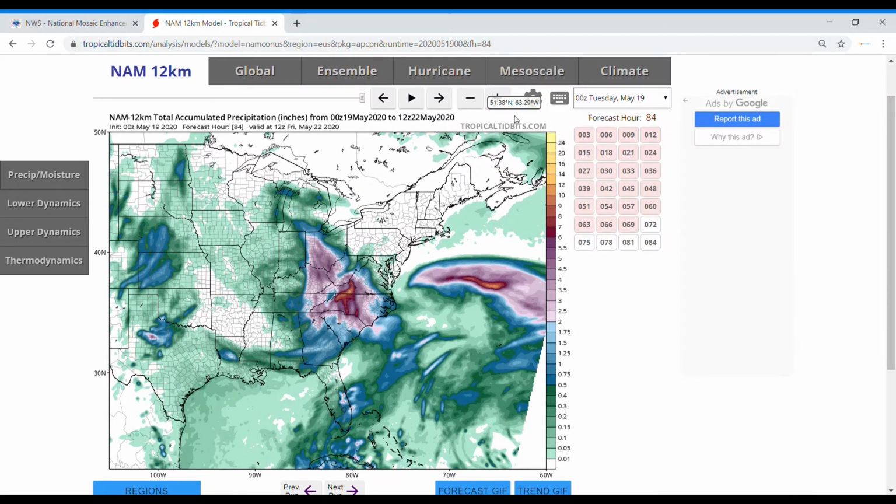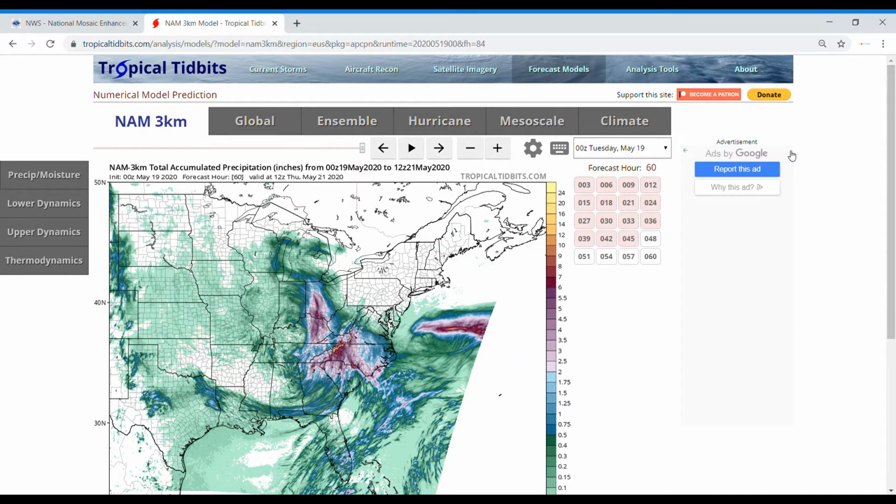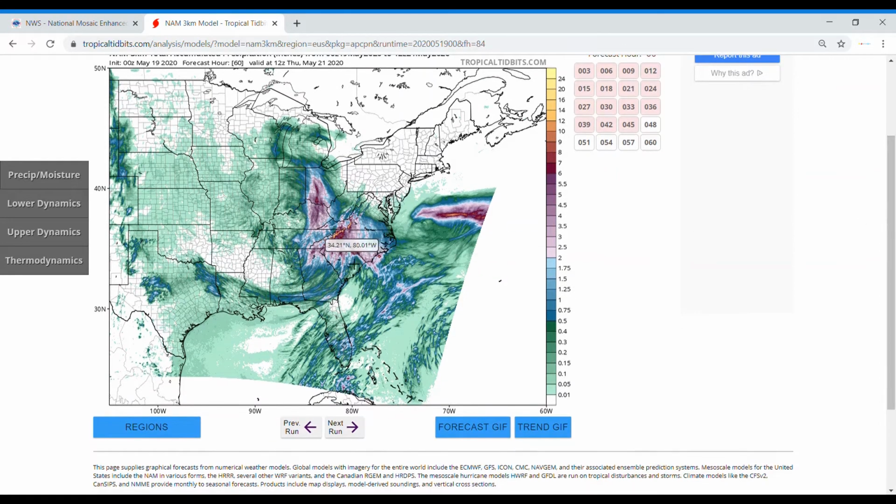Now, let's go back to the NAM 3-kilometer model, and right here in the mountains, you could be seeing in isolated spots even higher amounts, like from 12 to 24 inches, even higher than that.